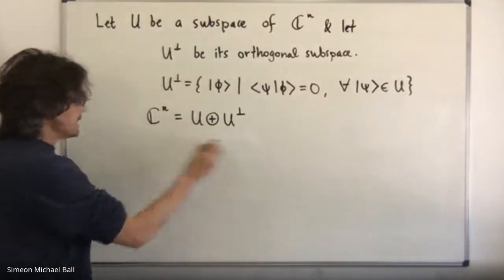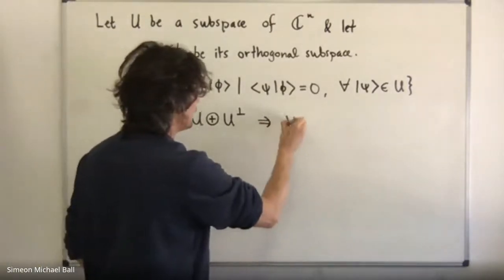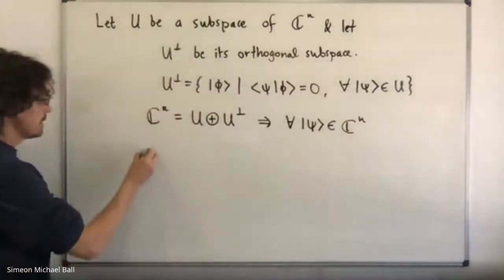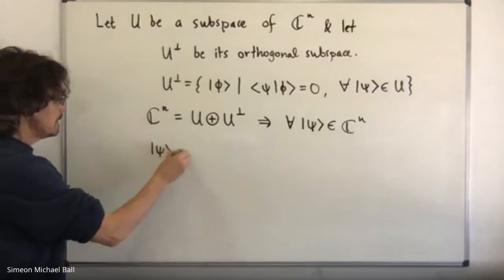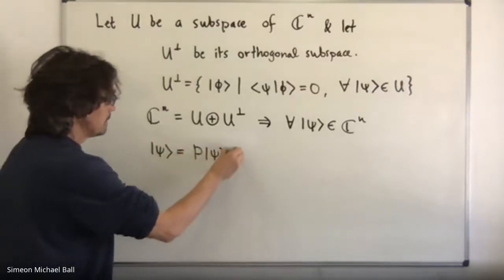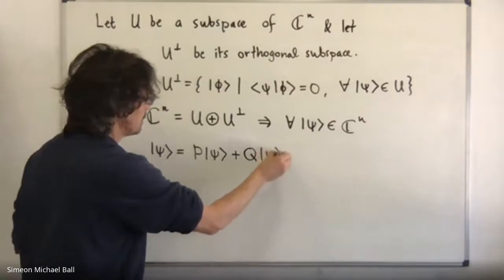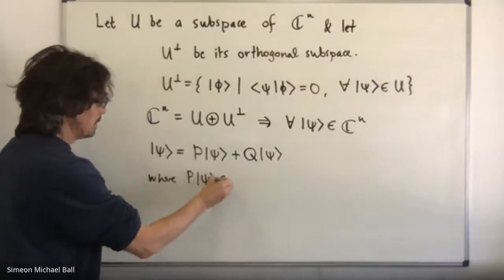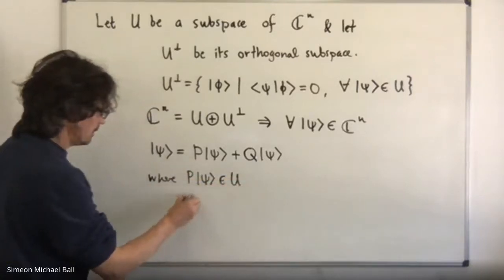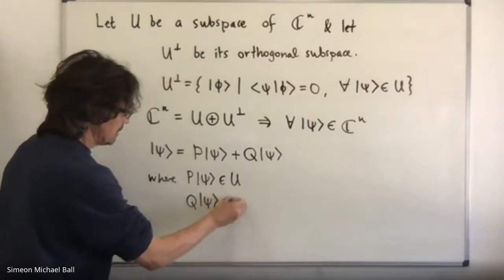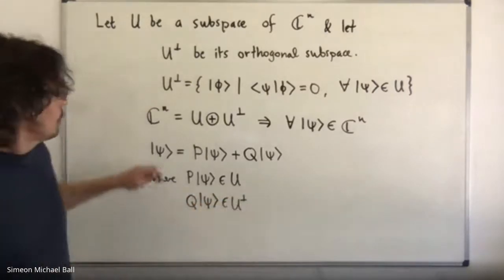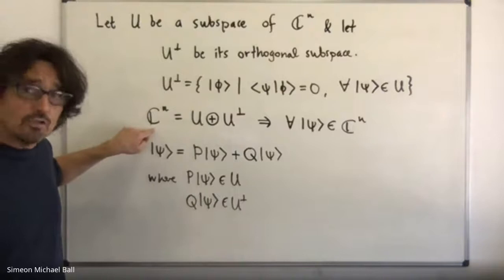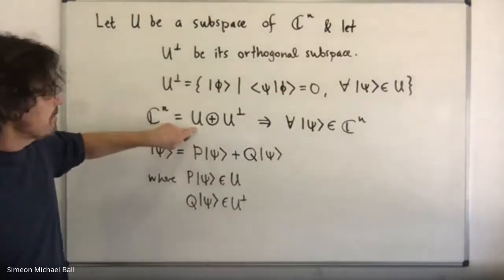This implies that for all vectors in our vector space, psi is equal to some B of, I'll tell you what these are in a minute, where... Okay, so what I'm saying here, since this is a direct sum, what does that mean? That means any vector here can be written uniquely as a sum of a vector here and a vector here.